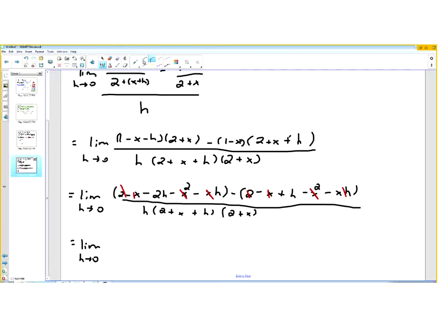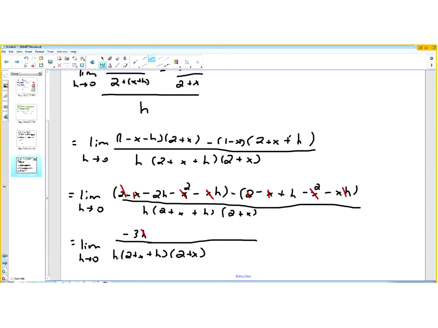So that would be minus 3h divided by h times (2 plus x plus h) times (2 plus x). And now the h's cancel.